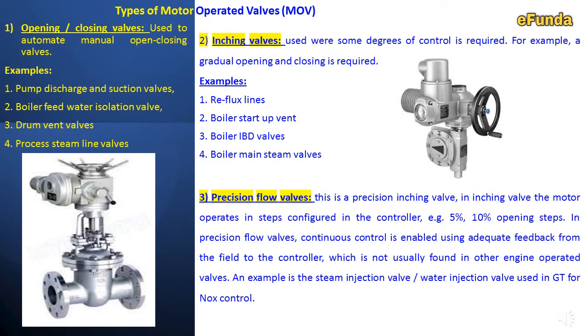An example is the steam injection valve, water injection valve used in the gas turbine for NOx control. These are the main types of motor operated valves and useful during operation.